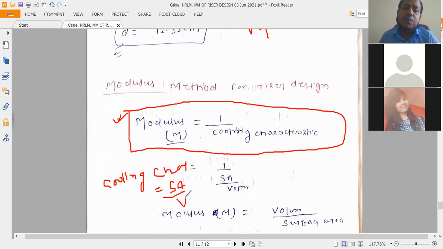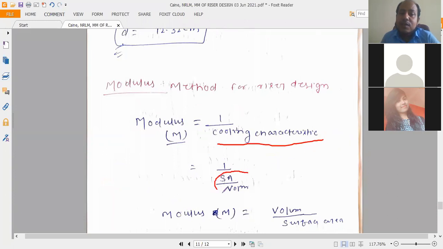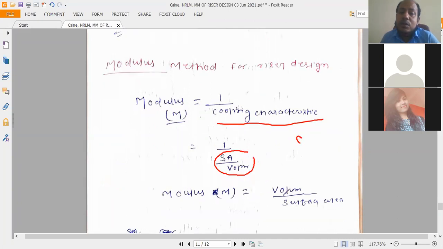Surface area by volume is very important in this riser design, you have seen that. So cooling characteristics means surface area by volume, and 1 by cooling characteristics, that is modulus, will be equal to volume by surface area. It is the reciprocal of cooling characteristics, and cooling characteristics is defined as surface area by volume.